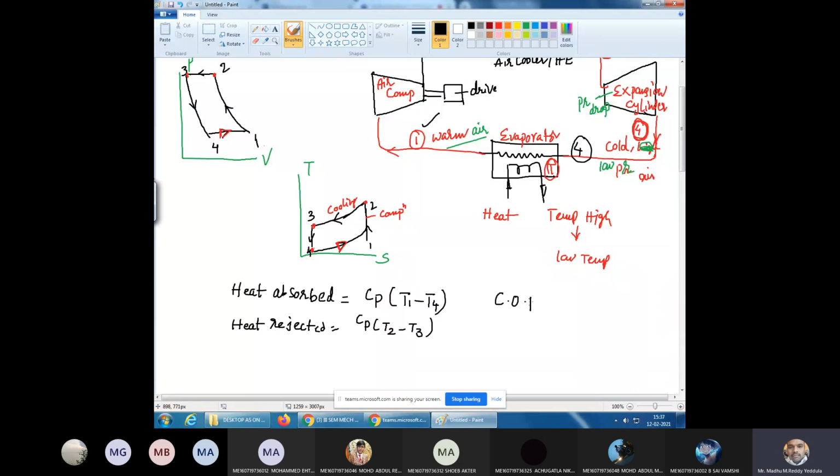So how do we define COP? COP is equal to refrigerating effect divided by work done. Yes or no? And we can say W equals Q1 minus Q2.